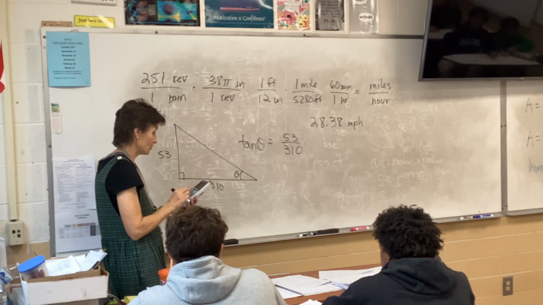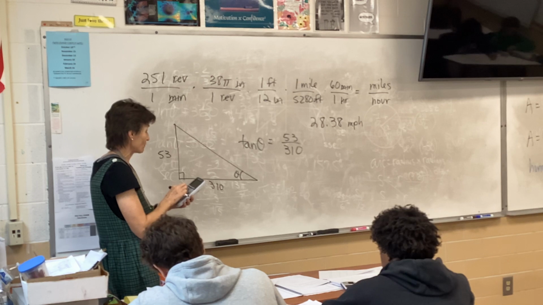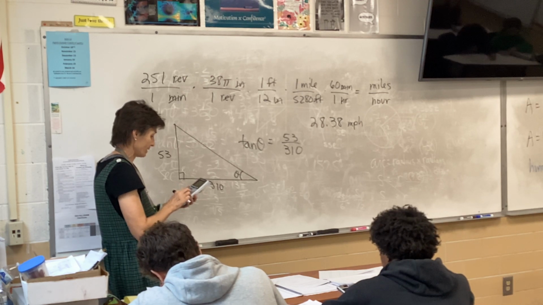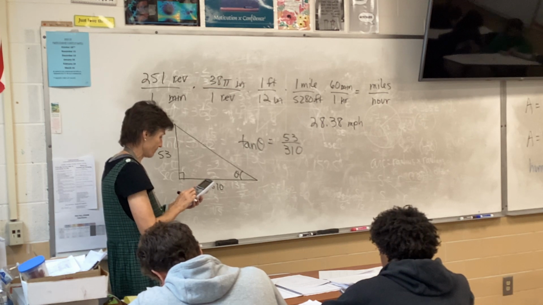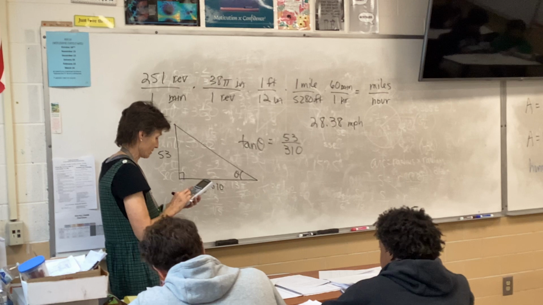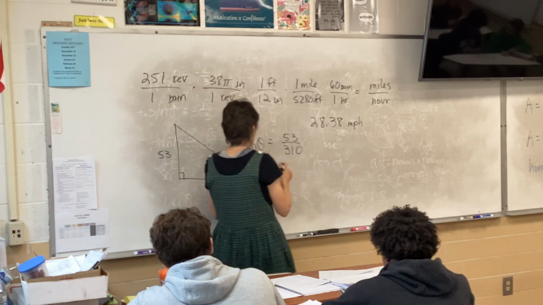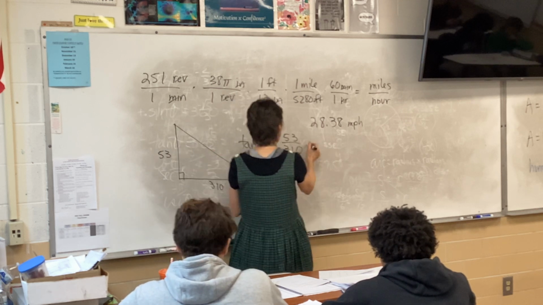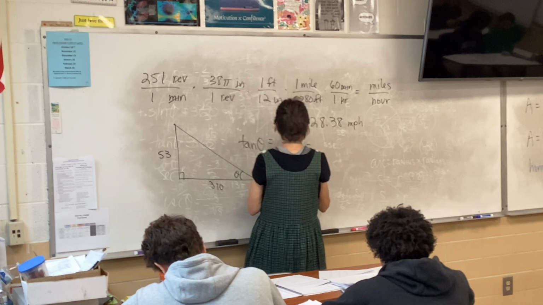Now, I didn't tell you in the problem whether you're in degrees or radians, so I would have to accept both answers. If I'm in degrees, I get 9.70 degrees.